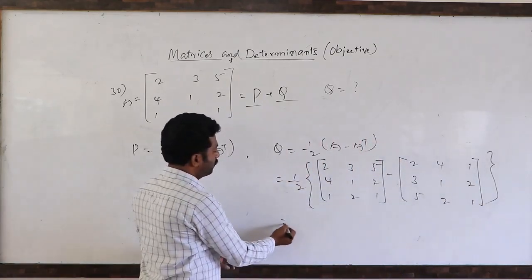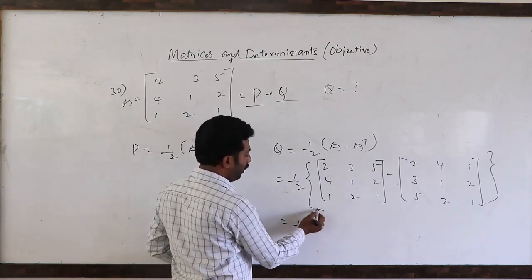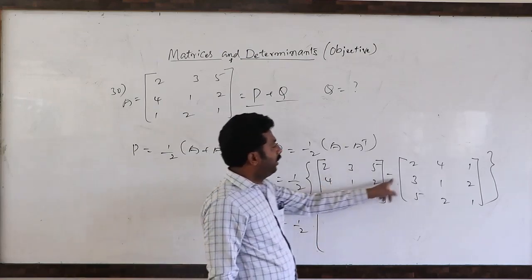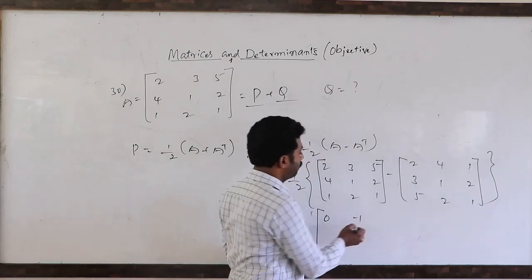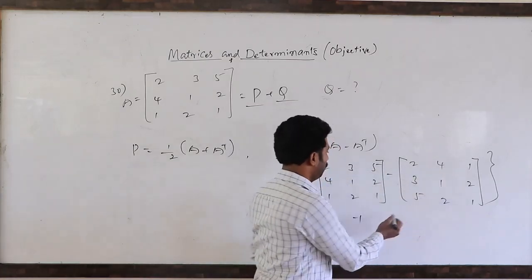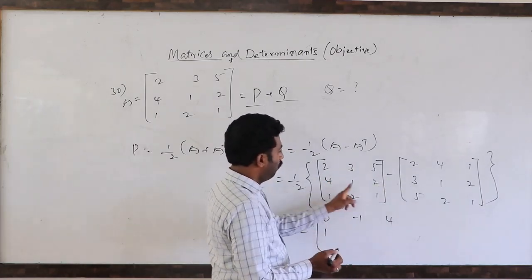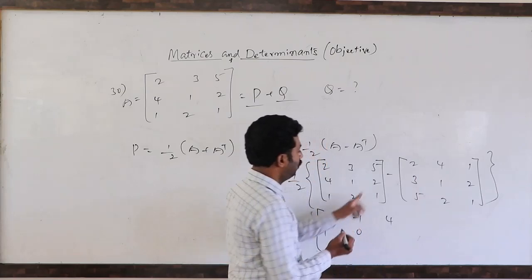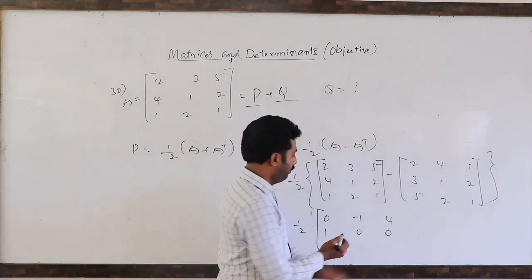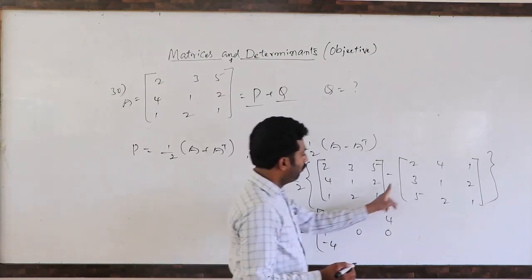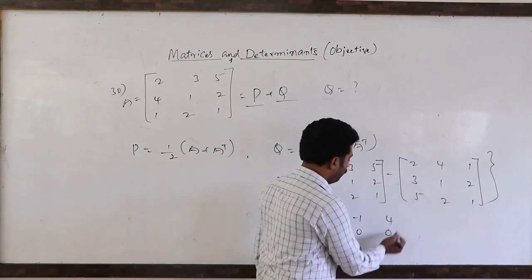So from this, 1 by 2 into, directly the matrix we will see: 2 minus 2, 0; 3 minus 4, minus 1; 5 minus 1, it will be 4; 4 minus 3, 1; 1 minus 1, 0; 2 minus 2, 0; 1 minus 5, minus 4; 2 minus 2, 0; 1 minus 1, it is also 0.